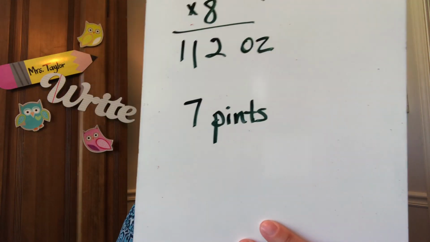Well, 2 cups is equivalent to 1 pint. So that means 16 ounces of liquid is 1 pint. So if I have 14 cups, or 14 8-ounce cups, I would have 7 pints. Good job. Okay, that was A by itself. Yikes, let's look at B.